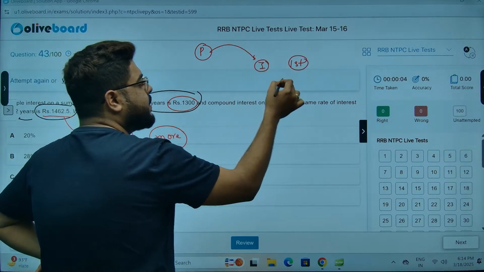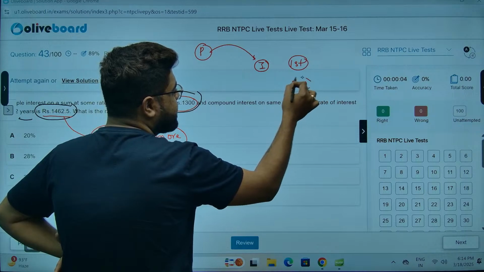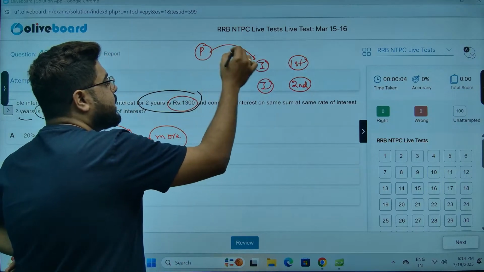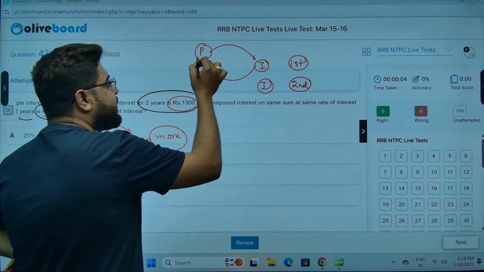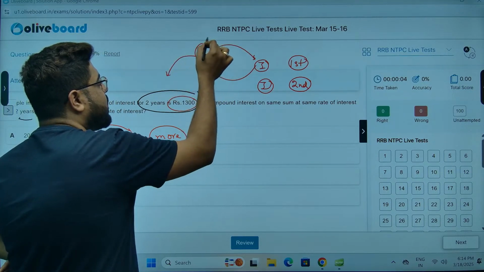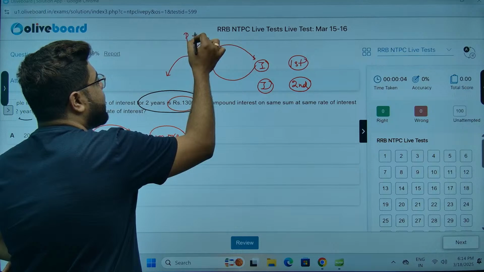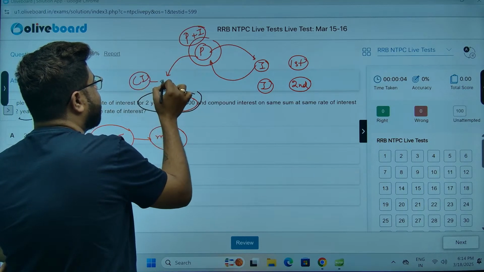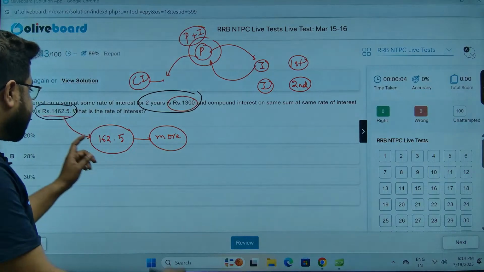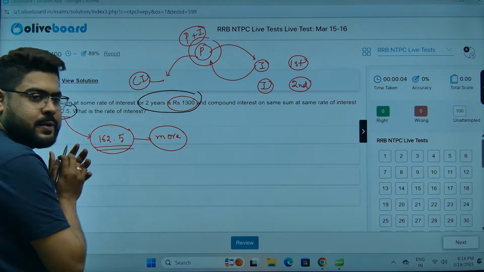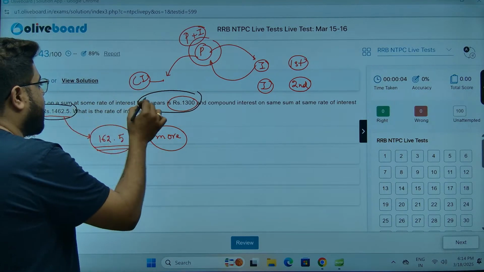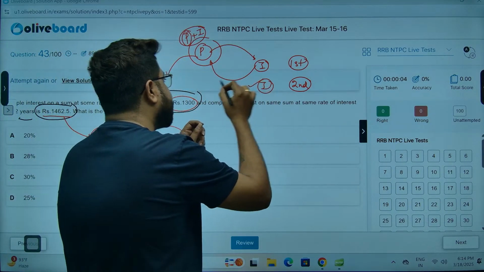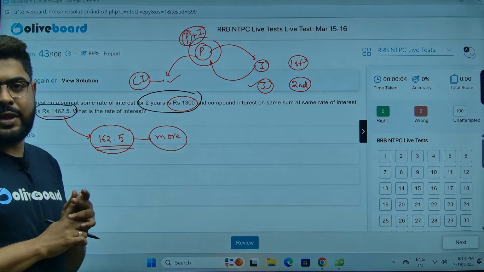In the second year, in case of simple interest, I'll again get the same interest I. But in case of compound interest, this I will get added to principal and I will get interest on this total sum of P plus I. That means on the principal, I'll get interest in both simple and compound interest.